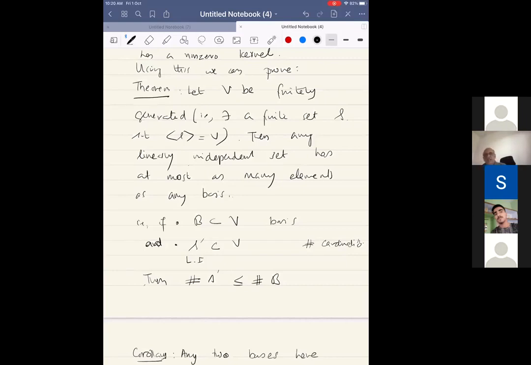So forget definitions, everything. You have enough time to go back and stare at the definitions and figure them out. I want to focus on what we have to prove.